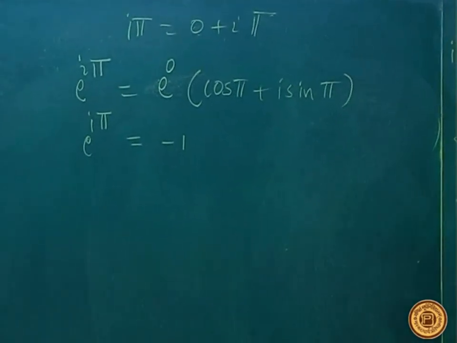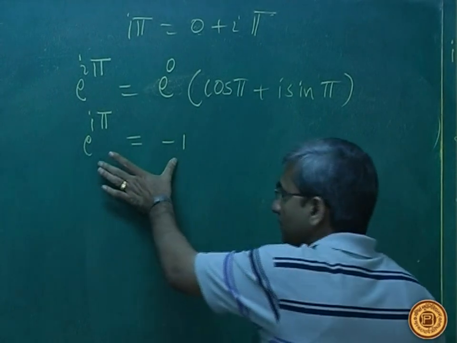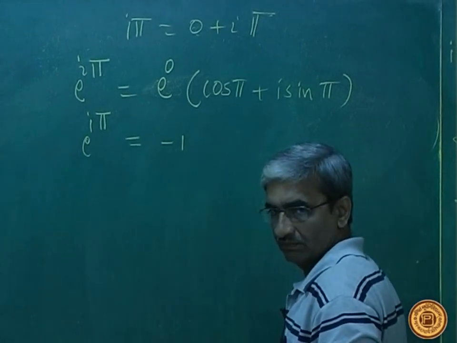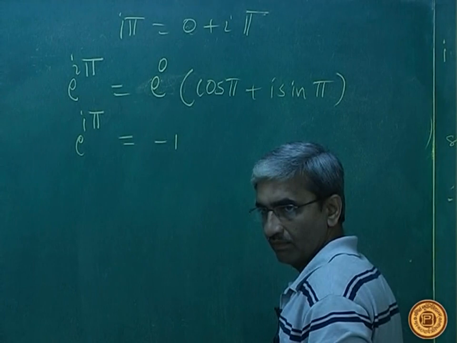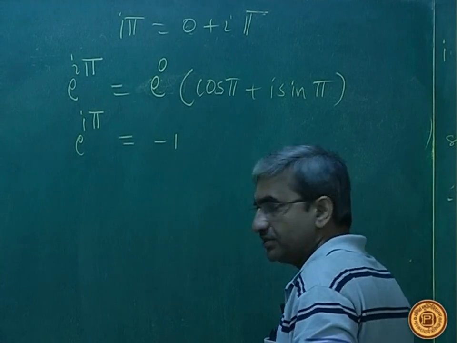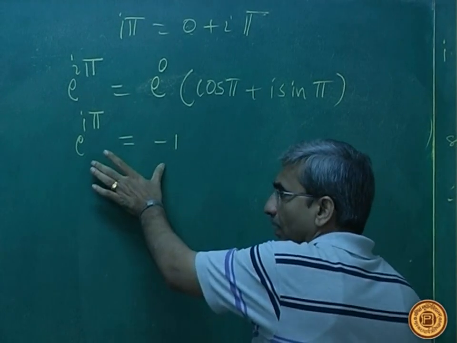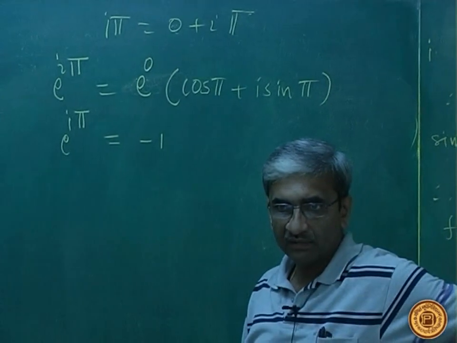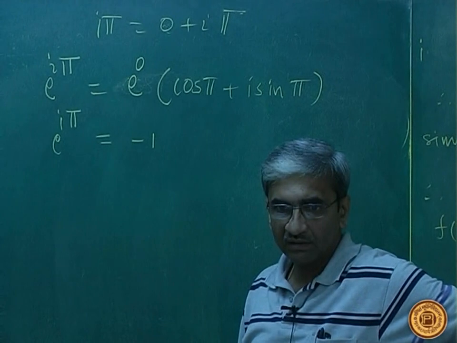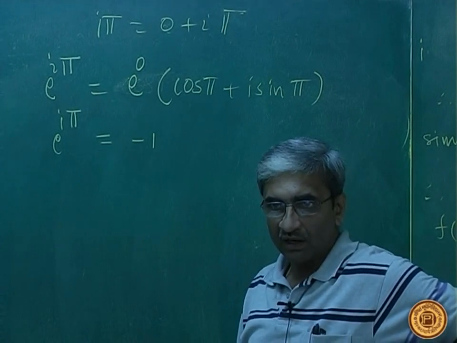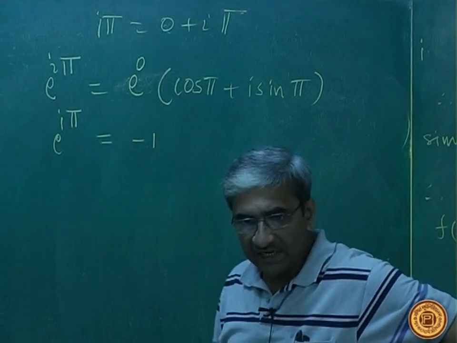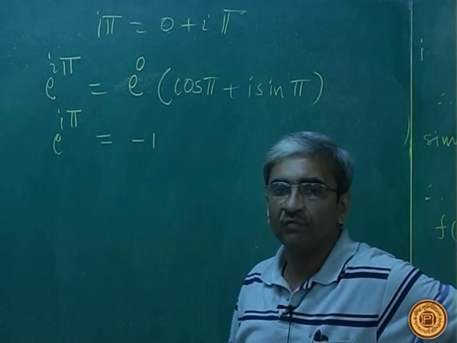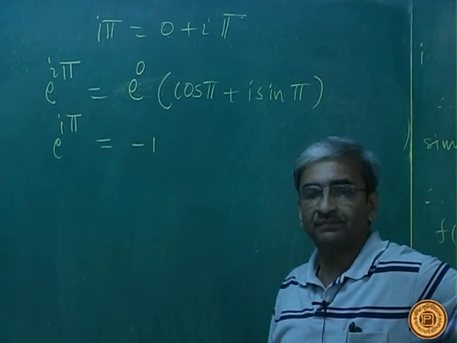Do you see something very striking here in this equation? Is this a kind of shock for you, having learned the exponential function of a real variable? Can you immediately recognize some difference when we are going to the complex domain?